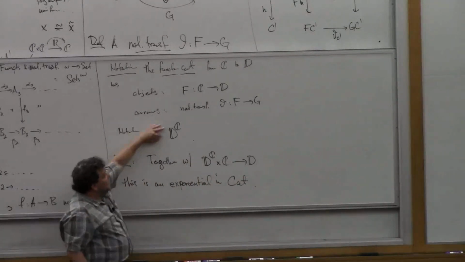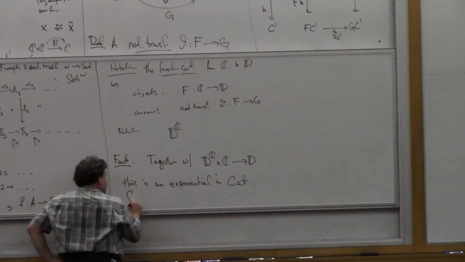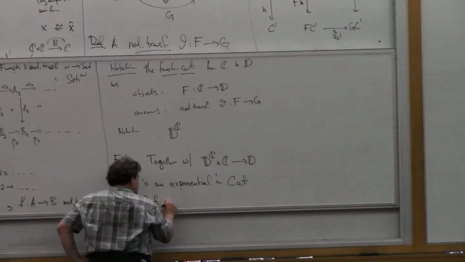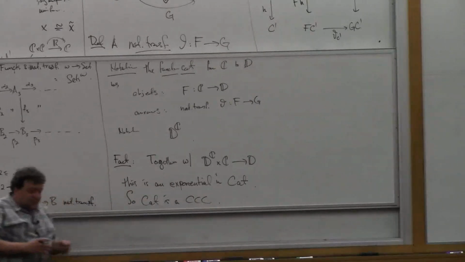So that justifies this kind of functional notation. And in fact, Cat is Cartesian closed. Cartesian closed category. So that's kind of cool.